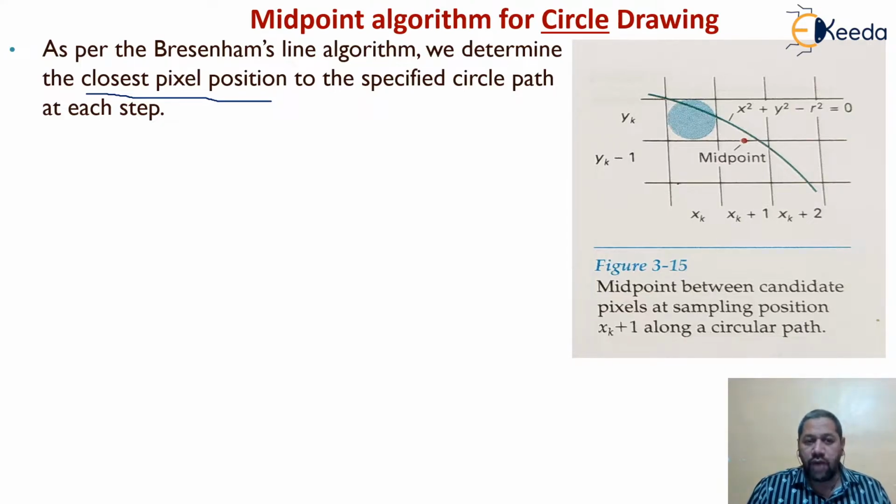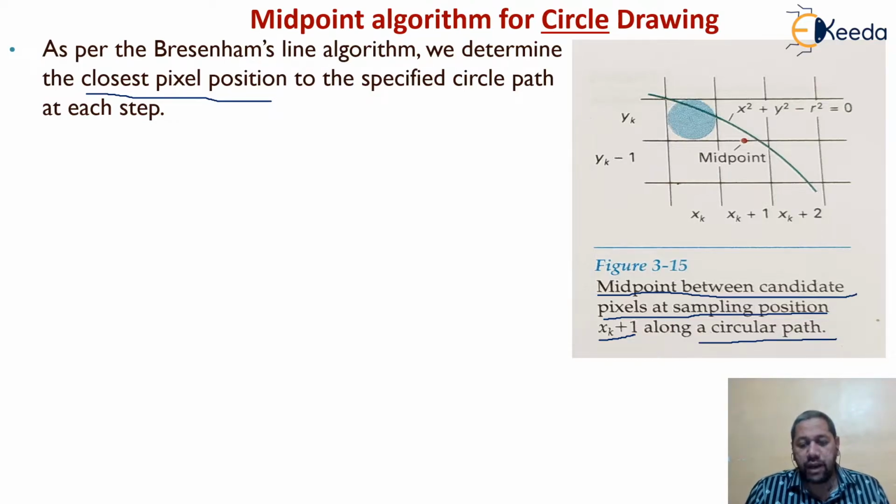I know my initial point of the circle, my first point, but after knowing the first point, I have to calculate the next point of the circle. Everyone look at the diagram: the midpoint between candidate pixels at sampling position x sub k plus 1 along the circle path. This is a very important diagram to understand the circle generation algorithm.